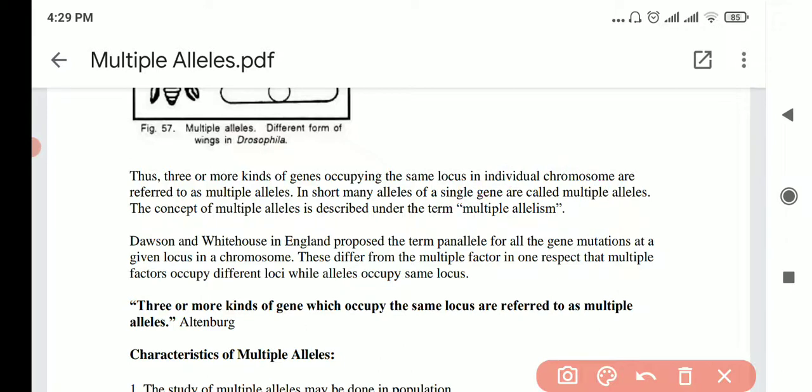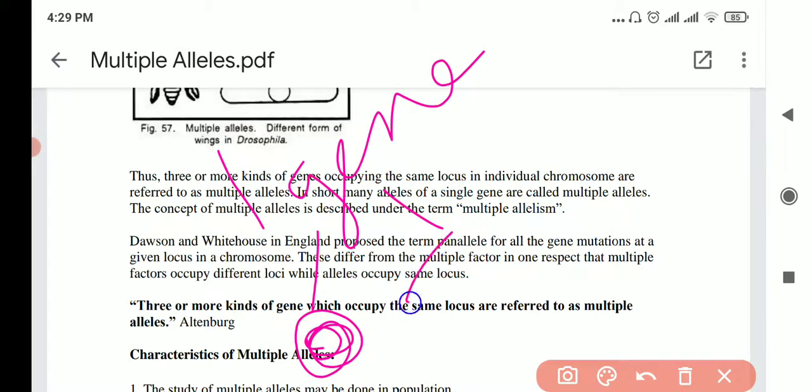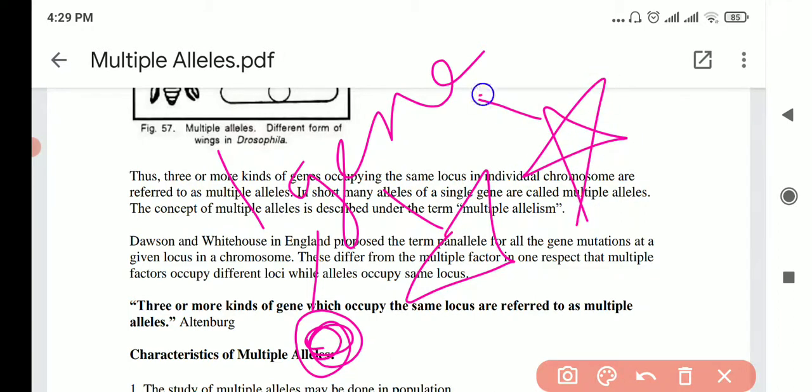What it means is that one gene can appear in many forms, like this, or like this, or like this moon shape. So that is your multiple alleles.